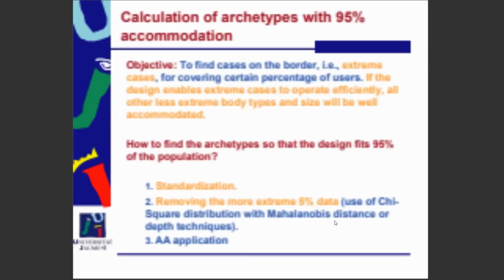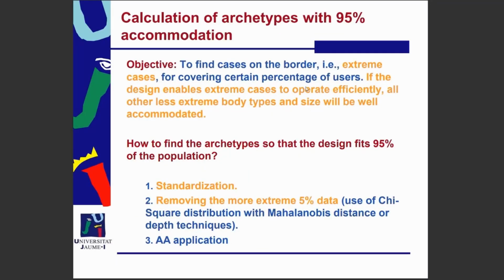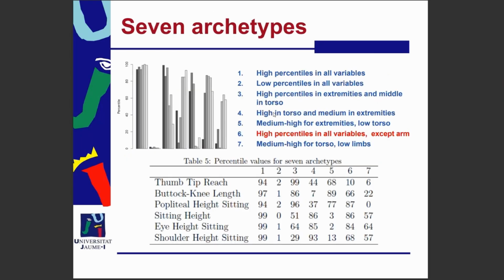The point is that we wanted to obtain the extreme cases, the extreme pilots, because if we manage to obtain a design that fits these extreme body types, then the other pilots, not so extreme, will be well accommodated. So after some transformation, we applied archetypal analysis.